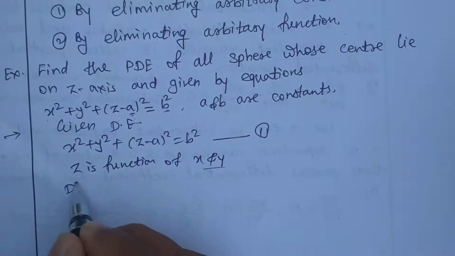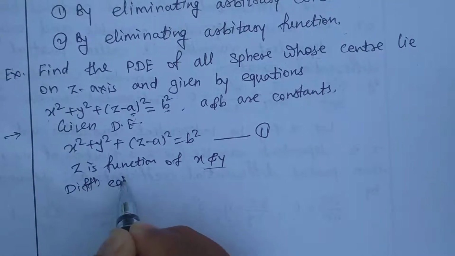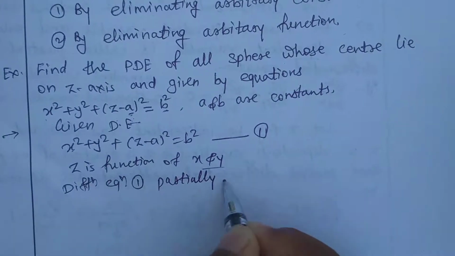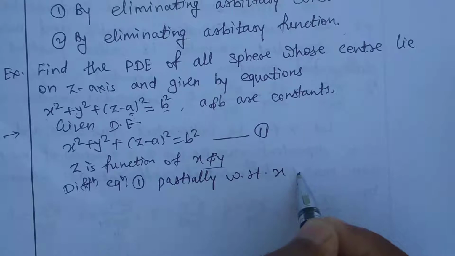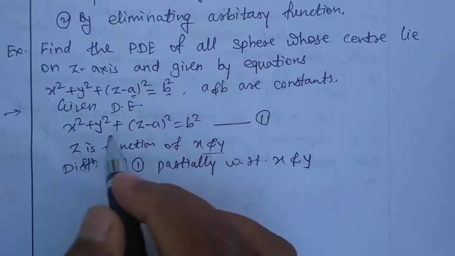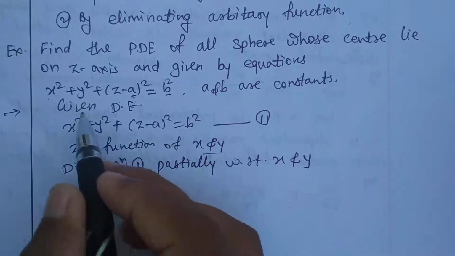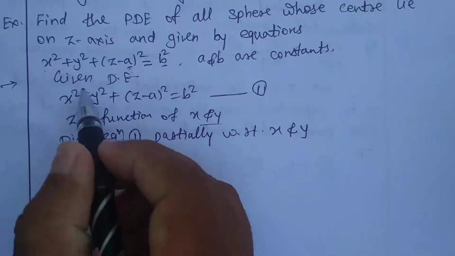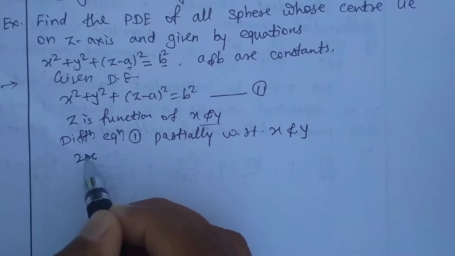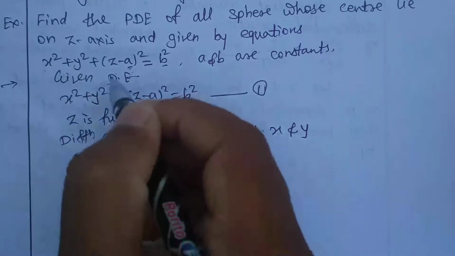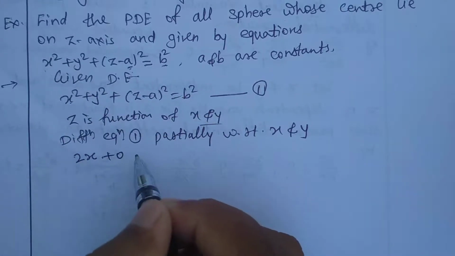Therefore, differentiate equation 1 partially with respect to x and y. First we differentiate with respect to x partially. The partial derivative of x square is 2x. The partial derivative of y square with respect to x is 0.